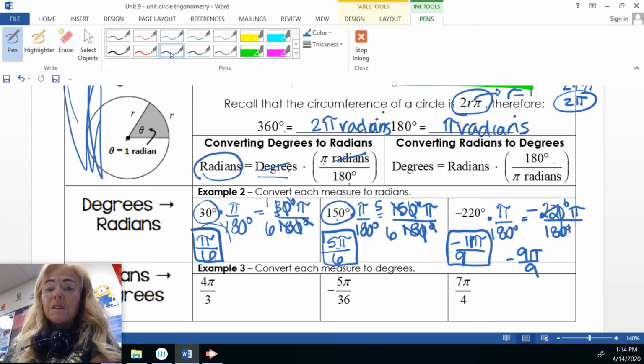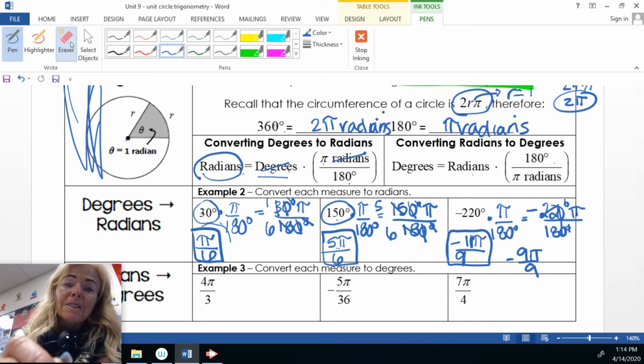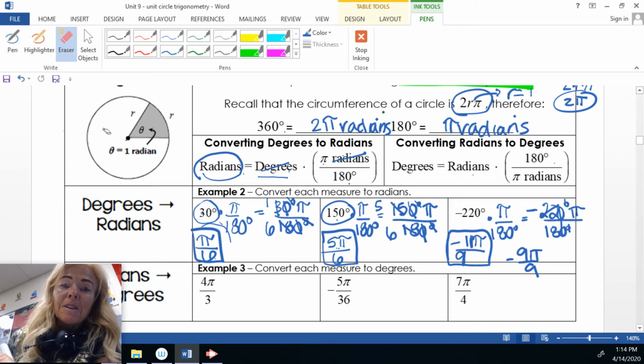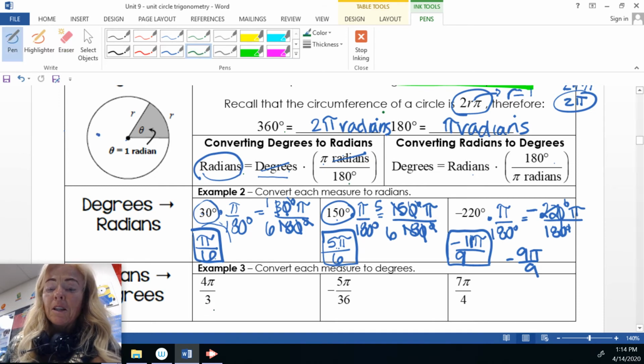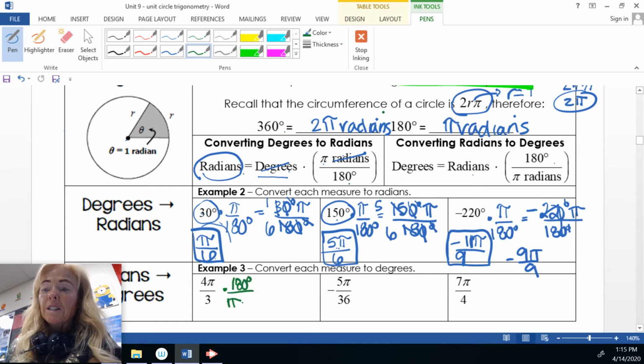All right, now the next one is 4 pi over 3. So when we have 4 pi over 3, what we're going to do is multiply by 180 degrees over pi radians. Now, if I multiply by 180 degrees over pi radians, what you notice is the pi's divide away.